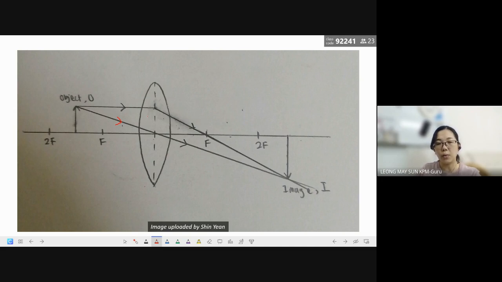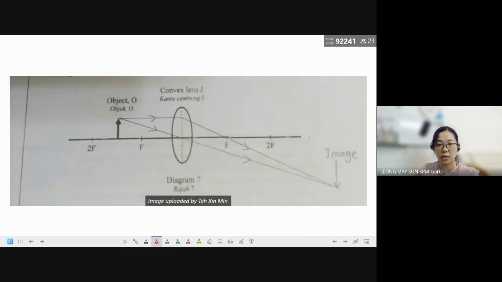Usually in a ray diagram, the first arrow shows the incident ray, and the second arrow shows the refracted ray. So both rays must have the arrow. Shinyan, please do take note. Then the image is drawn over here, labeled I. So this one is 2 marks directly.